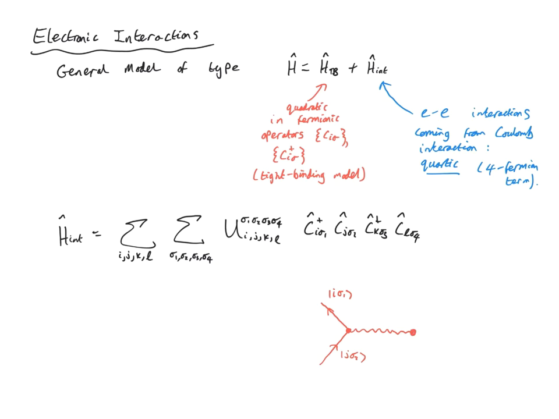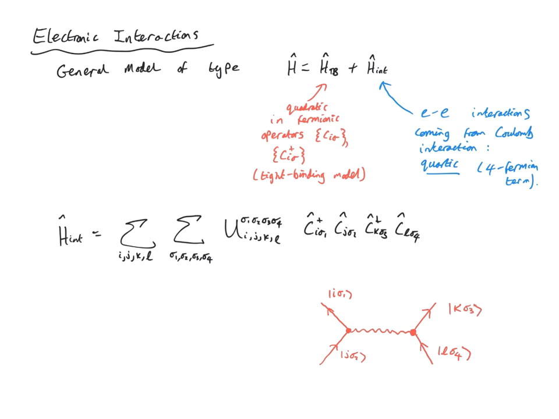And that transformation of J sigma 2 to I sigma 1 happens due to the presence of another fermionic species, namely L sigma 4, which due to this interaction turns into a species K sigma 3.